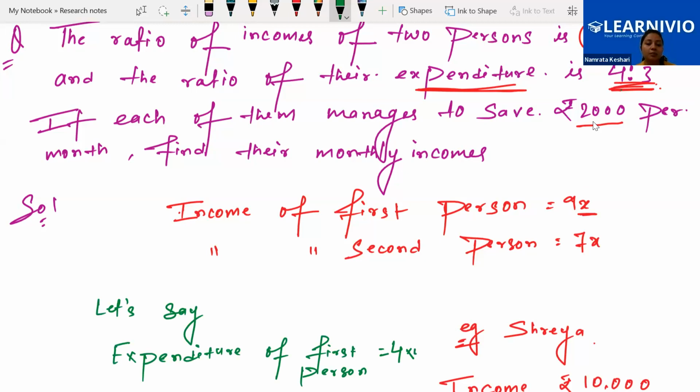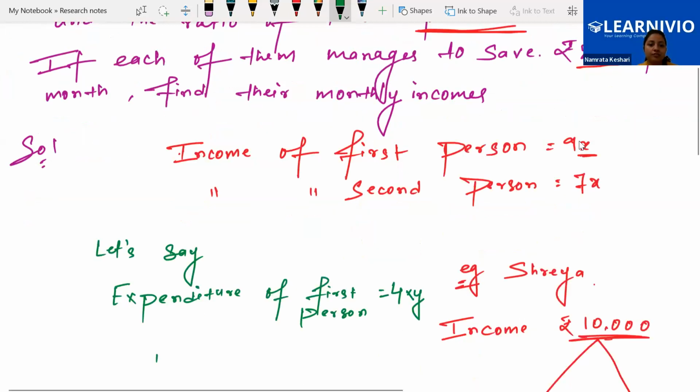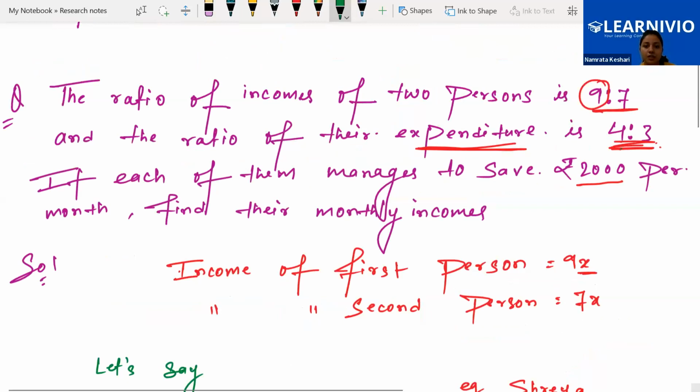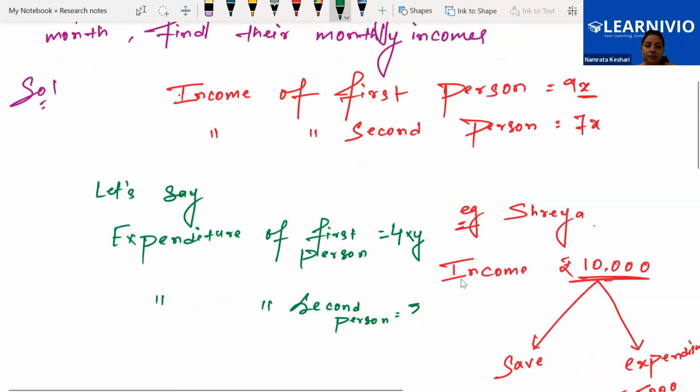So maybe that variable is y. Expenditure of second person, what was there? 4:3, so it is 3y. We have assumed the income and expenditure.